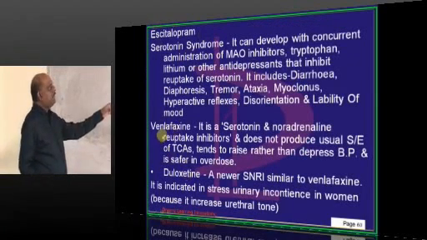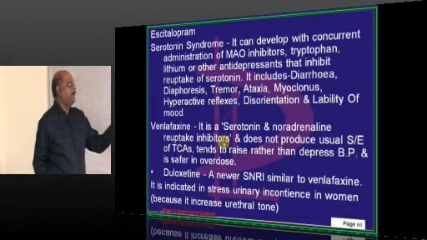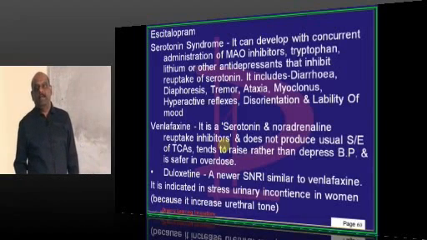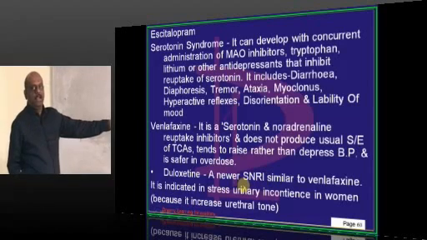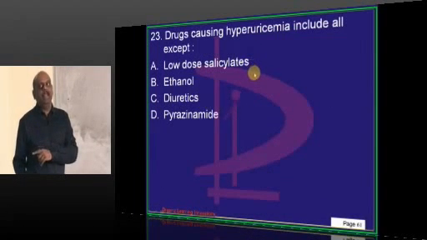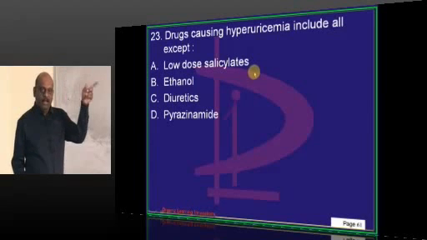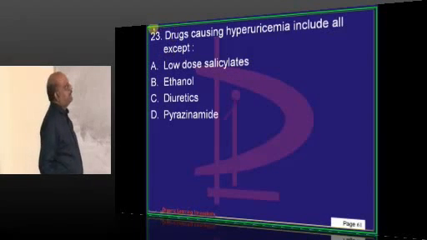And what is venlafaxine? Serotonin and noradrenaline reuptake inhibitor. It's called SNRI, is what needs to be remembered. Duloxetine is another example of an SNRI. So pure SSRIs are fluoxetine, paroxetine, etc.